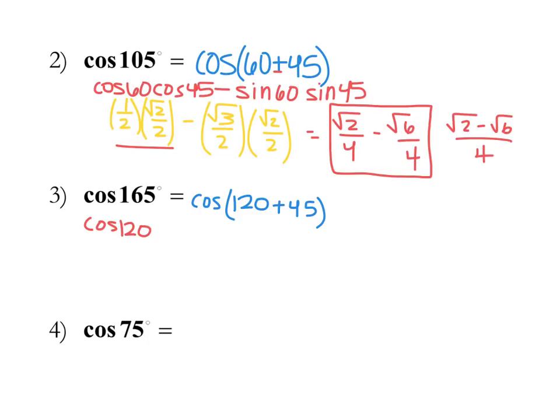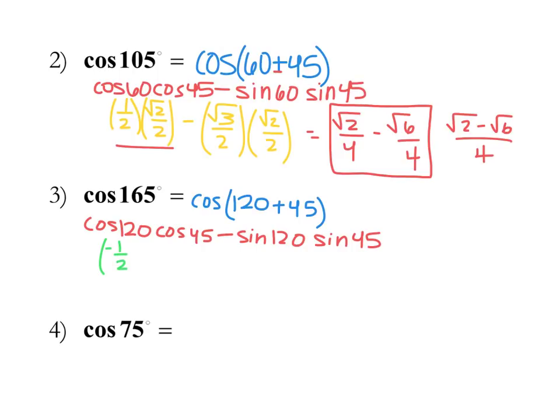Using the formula, cosine, cosine, sine, sine. Cosine of 120, cosine of 45, minus, switch the sign, sine of 120, sine of 45. Okay, cosine of 120. The reference angle is 60, so cosine of 60 is 1/2, but we're in quadrant 2, and in quadrant 2, this is negative. X is negative, cosine's negative.